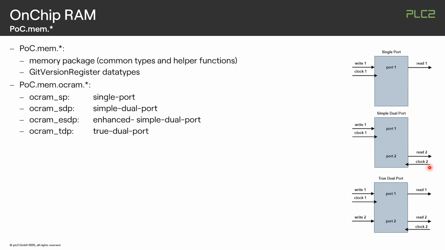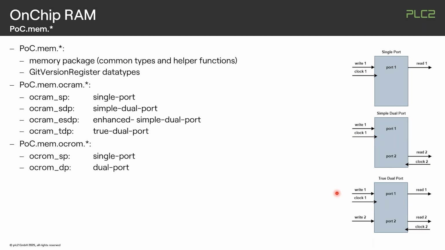Of course, the second clock can always be the same as the first one, but it's capable of having here dual clock implementation. And then the third one is a true dual port RAM, where you can independently read and write on both ports. Of course, you need to make sure that you don't have an address collision. Otherwise, a bit undefined what happens.